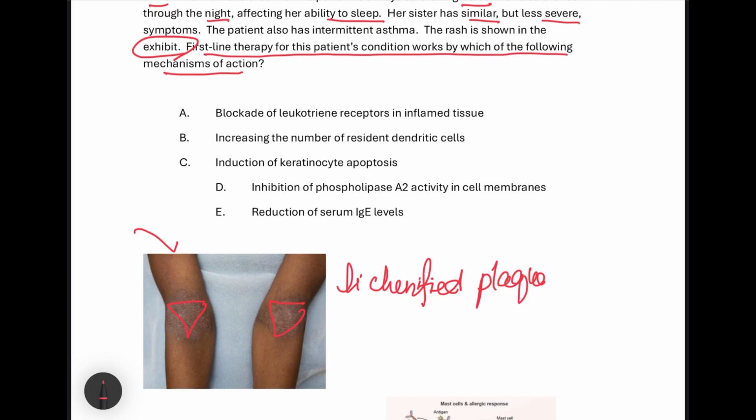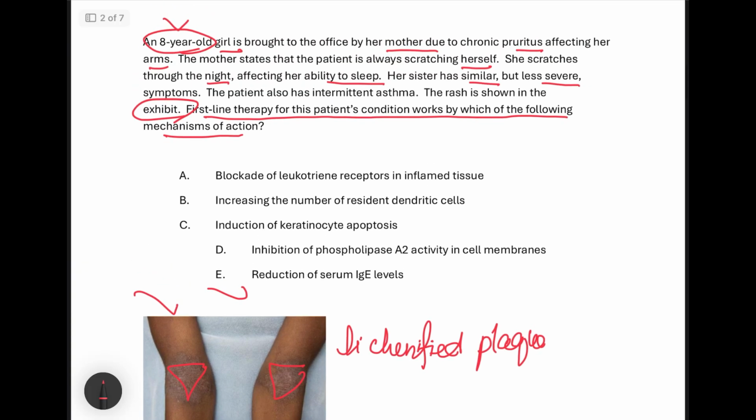Atopic dermatitis is an inflammatory condition caused by genetically mediated epidermal barrier dysfunction and immune dysregulation favoring a T-helper-2 skewed response. The patients typically have a family history and a comorbid atopic condition like asthma or allergic rhinitis, as this patient already has.